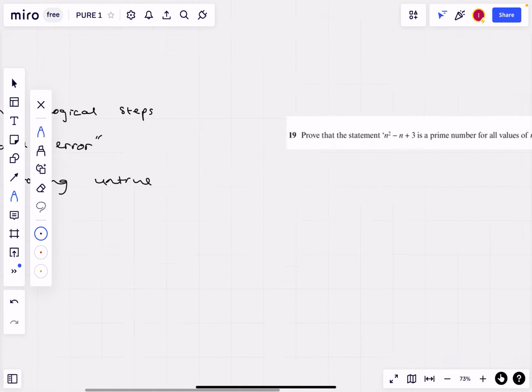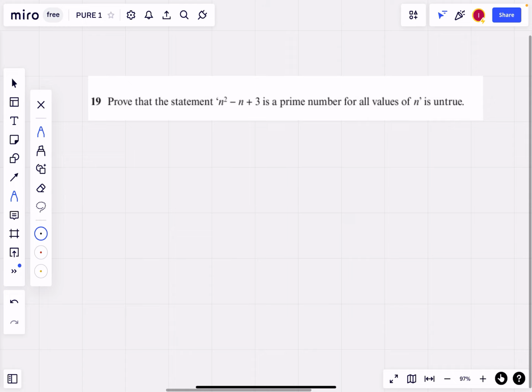The first one is this: prove that the statement n squared minus n plus 3 is a prime number for all values of n is untrue, which means we're trying to go for counterexample. We're trying to prove that it's not true.